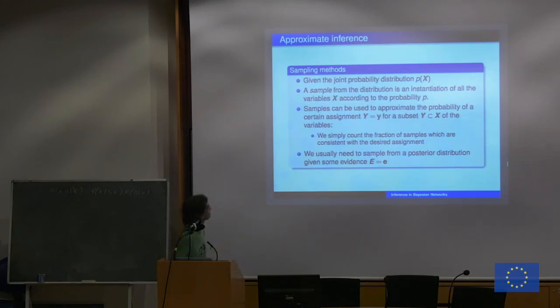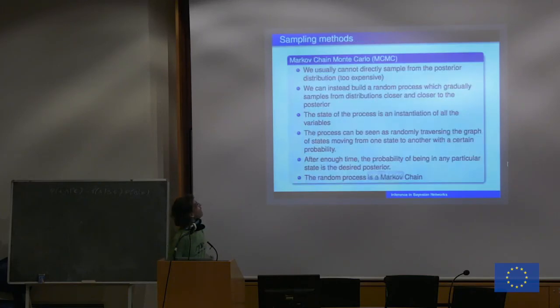Now, the problem with this simple process is that typically it's not easy to sample from a distribution. If it was easy to sample from a distribution, it would probably also be easy to do exact inference. So what you need to do is a number of approaches, but Markov chain Monte Carlo, which is kind of most common, you basically build a process which samples from something which is progressively closer to the distribution you would like to sample from.